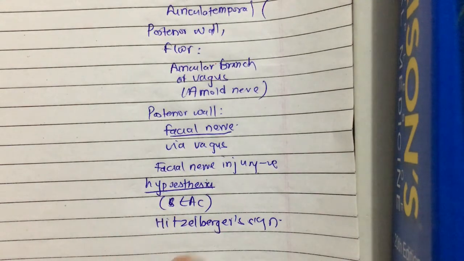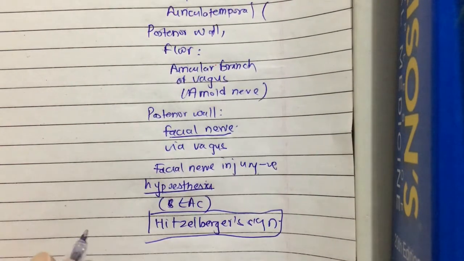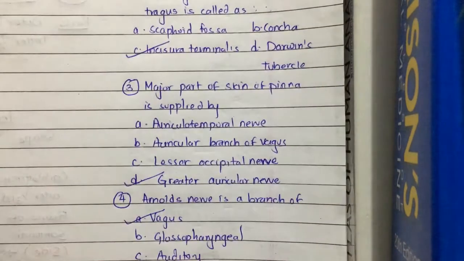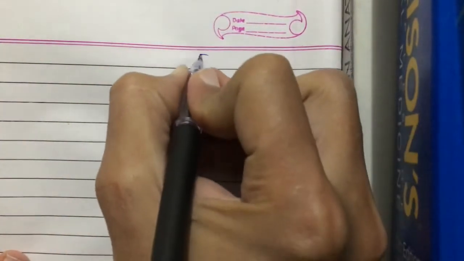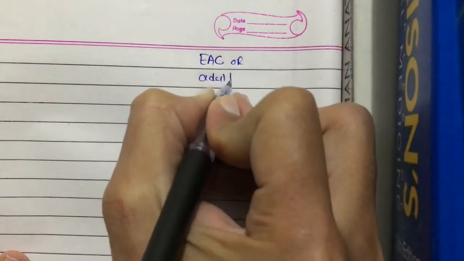If there is a facial nerve injury, there will be hypoesthesia of the posterior wall of the external auditory canal, known as Hitselberger's sign.